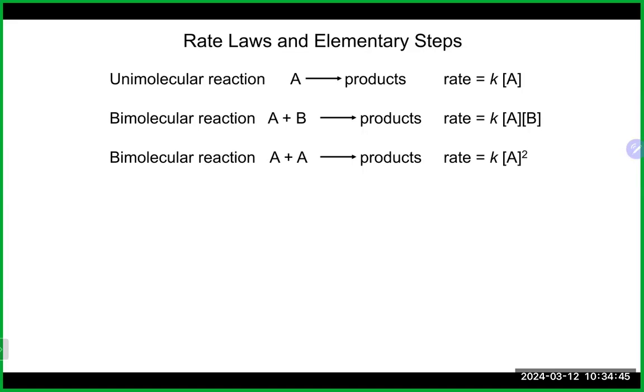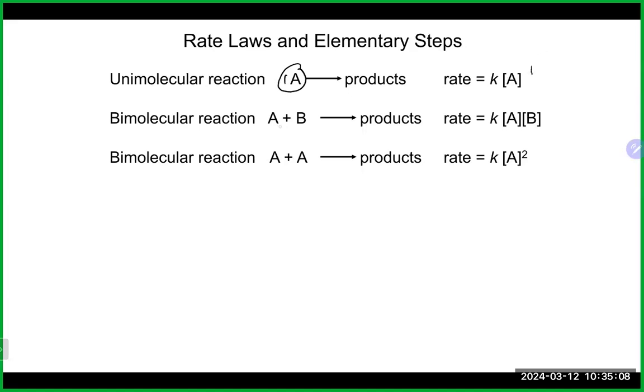This is the only place in reaction mechanisms that you can use the coefficients as the orders. And you could actually write a rate law for each of the elementary steps. So for example, here, we could write a rate law for this one based on our reactant, and it would be the rate is equal to K times A, to the first, and we could use the coefficient here.